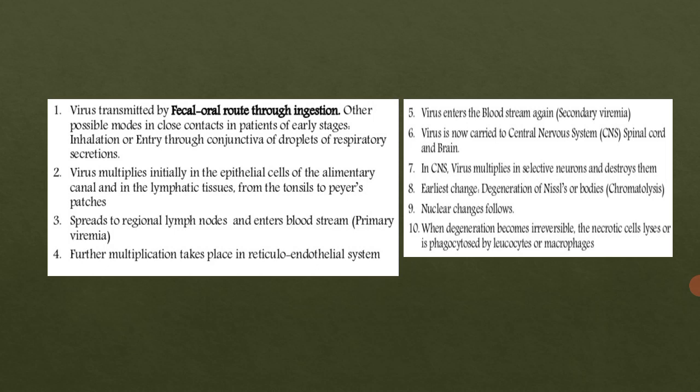Then the lesions are mostly in the anterior horns of the spinal cord, which causes the flaccid paralysis we saw in the previous slide. These lesions are produced because the degeneration becomes irreversible, and therefore the necrotic cell lyses or is phagocytosed by the leukocytes or macrophages.